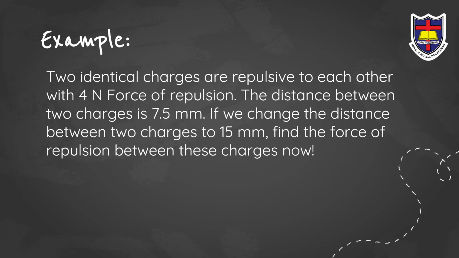So we can write the ratio or proportion between F and the distance. First F equals 4 Newton, and we must find the value of second F. The first distance is 7.5 millimeters, and the second distance is 15 millimeters.